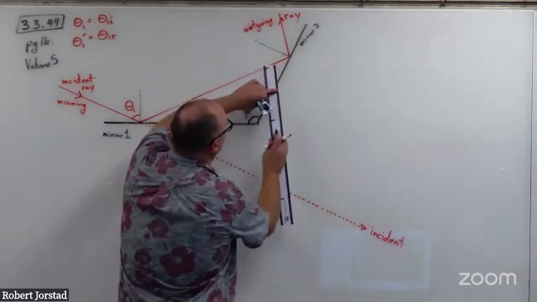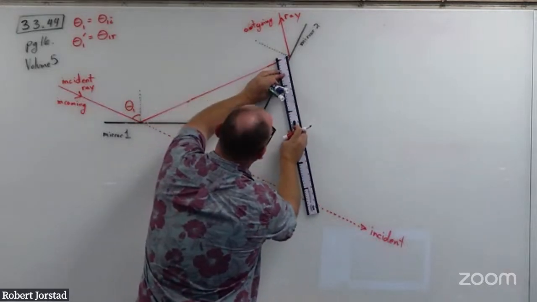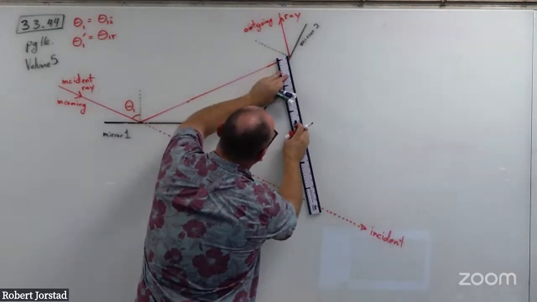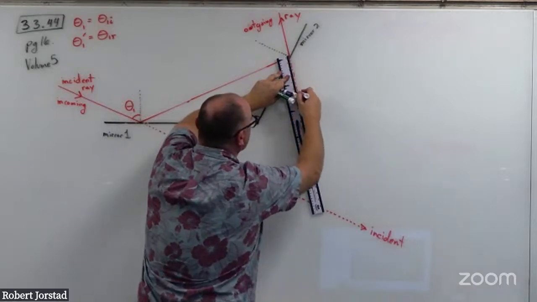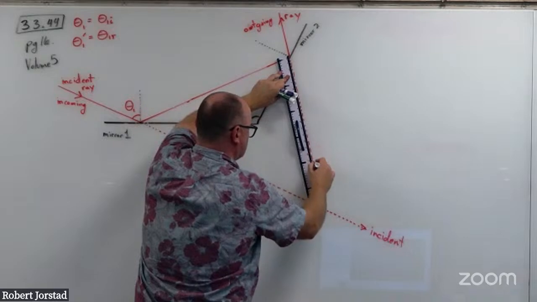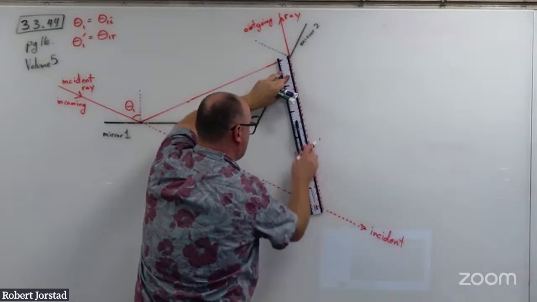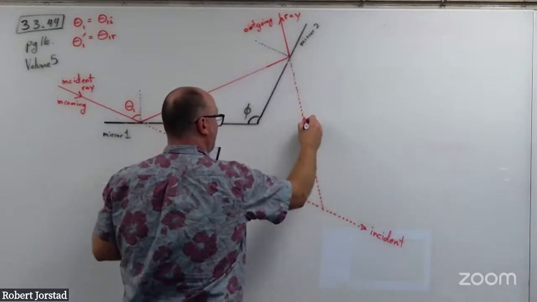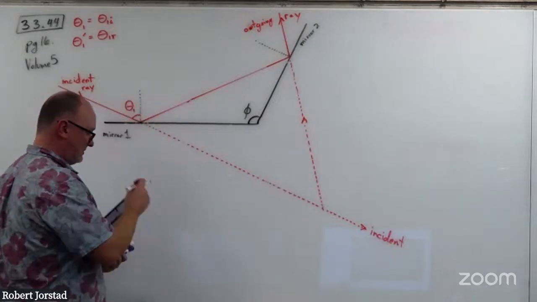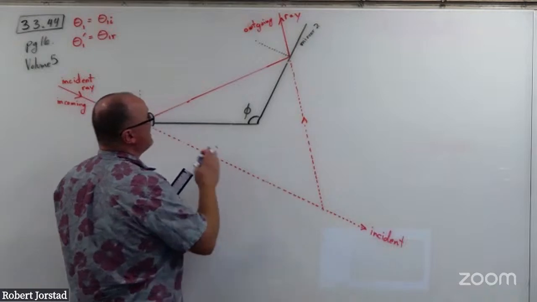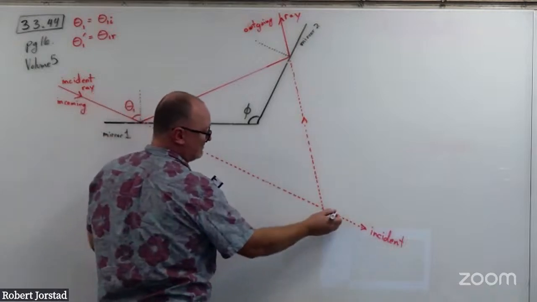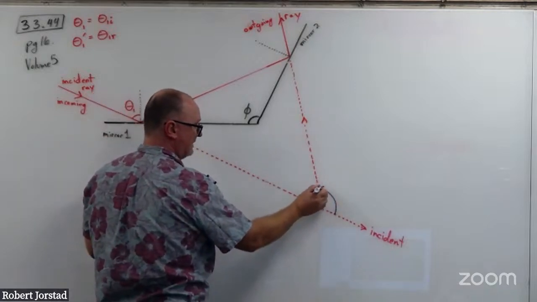Now this one up here, can I get it just barely? I can't. This is the outgoing ray. And I want to point out something here. The ray bounces off these two mirrors and it's bent by this much effectively, right?